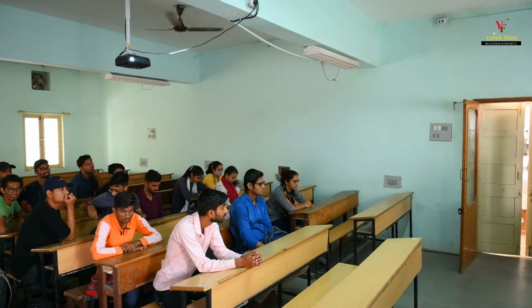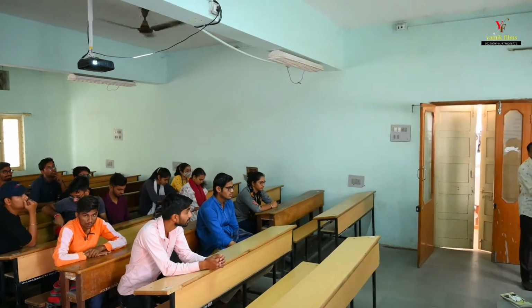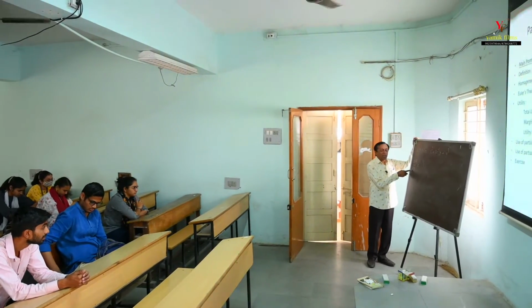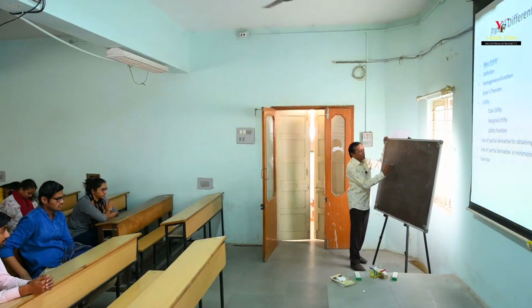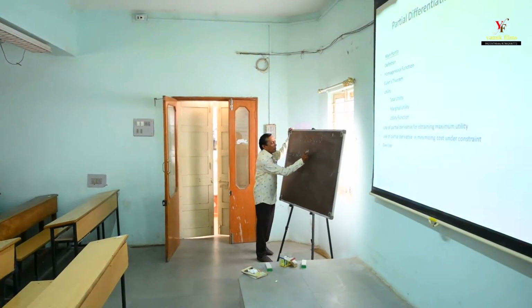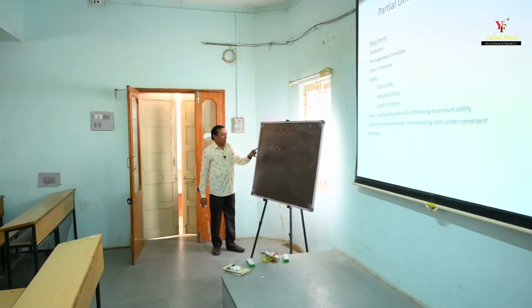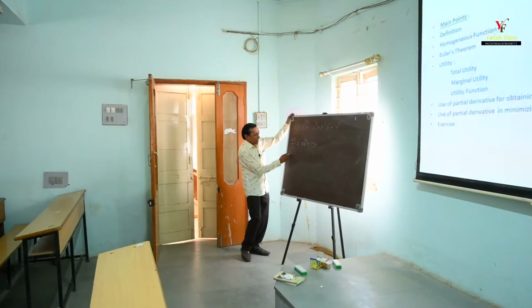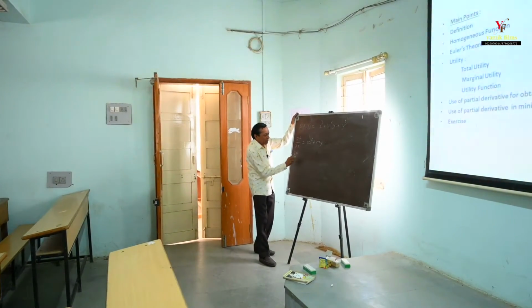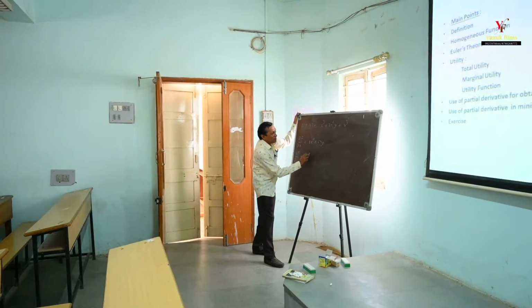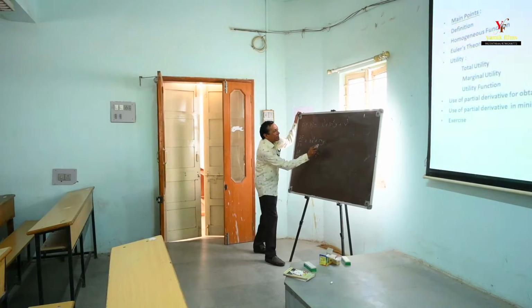We find ∂f/∂x, which is 3x square plus 6xy plus 0. This is ∂f/∂x: 3x square plus 6xy. ∂f/∂y is 3x square plus 3y square.